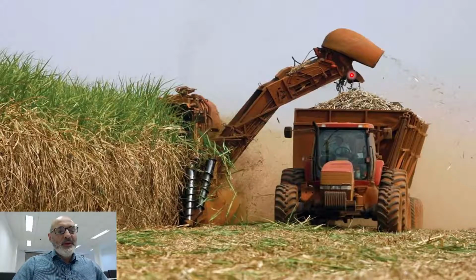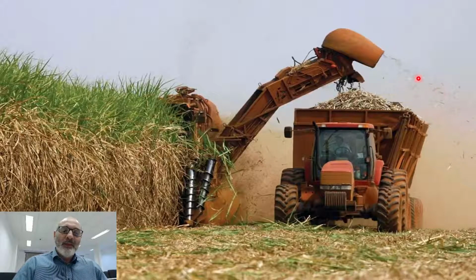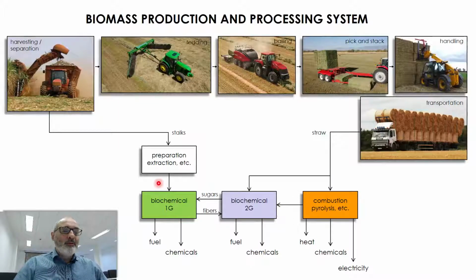And the problem is that if we want to use these residues, they are not residue, okay, they are feedstock actually, but if you want to use them, since you have already separated them and they are left on the soil, you have to get them back. So what do you have to do?